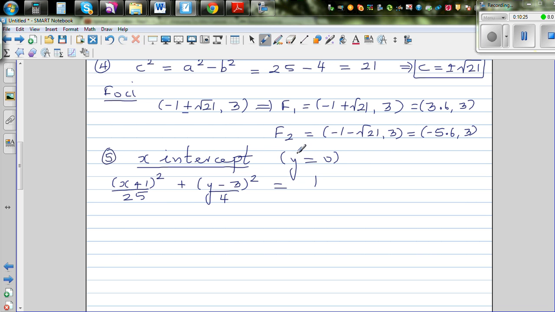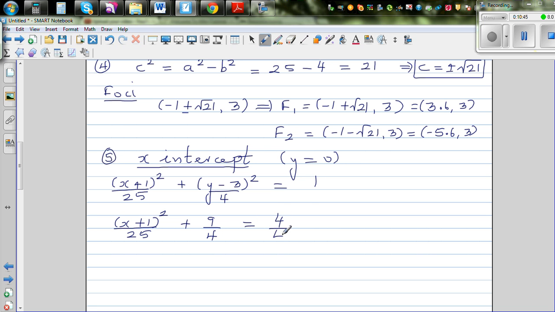If you put y is equal to 0, I will get x plus 1 the whole squared over 25 plus 9 over 4 is equal to 4 over 4.